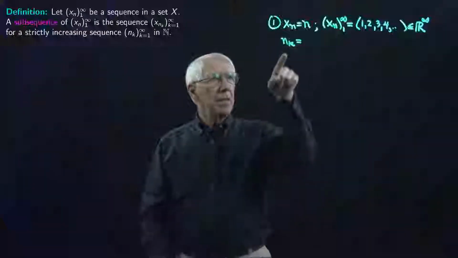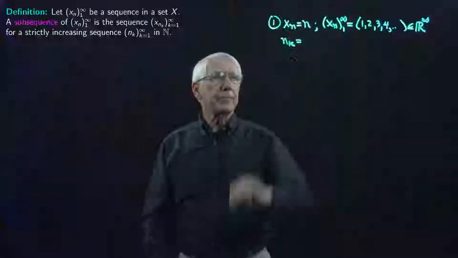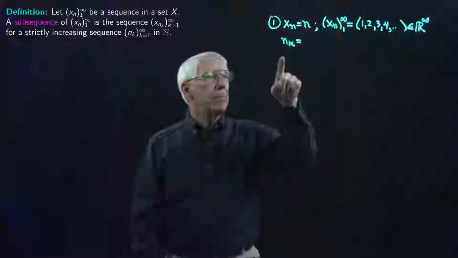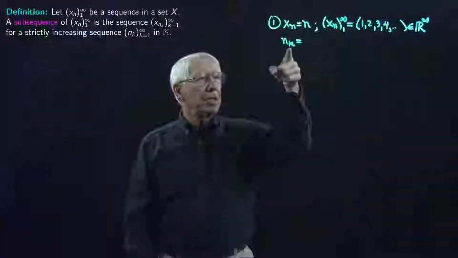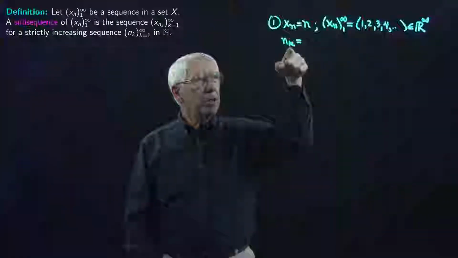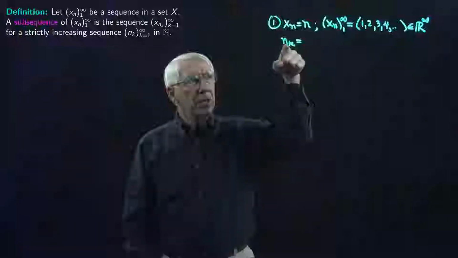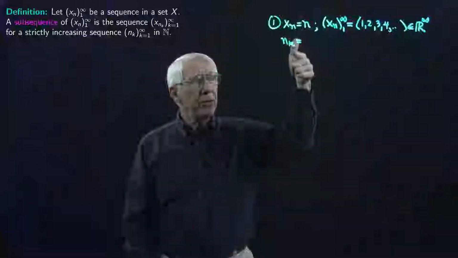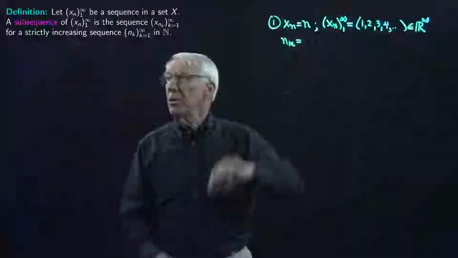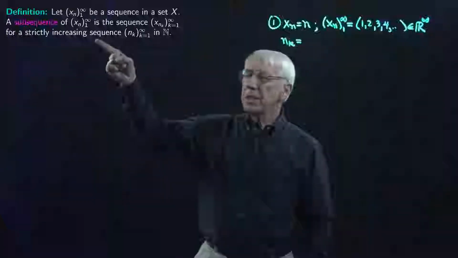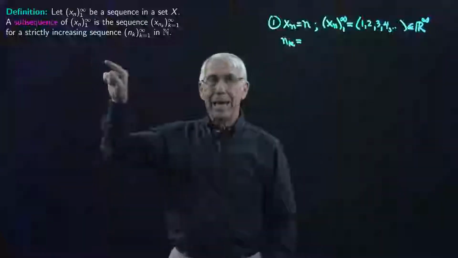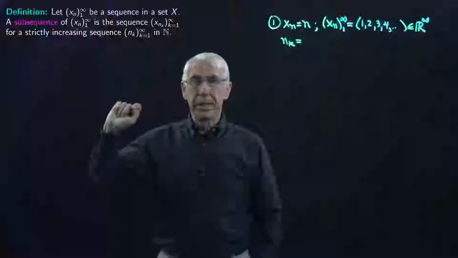So this sequence has to be a function that assigns to natural numbers k other natural numbers. This is a sequence from the natural numbers back into the natural numbers, which is in effect what this says here. It doesn't write that explicitly, but it's implicit here.